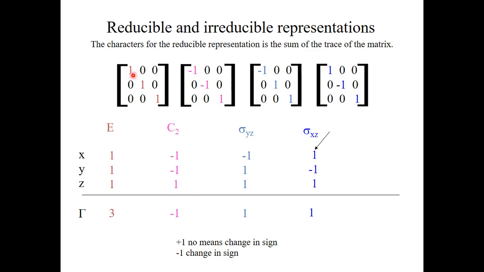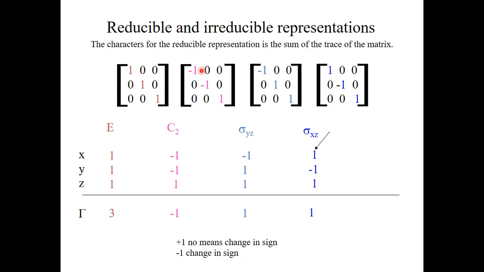So now, what would the numbers on the trace of the matrix mean for each line? Well, the numbers here in the first row, 1, -1, -1, and 1, would basically tell you what the symmetry operations do with the x-coordinate. 1 would mean the x-coordinate doesn't change as we carry out the identity.